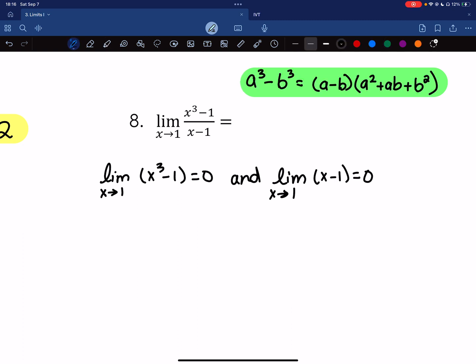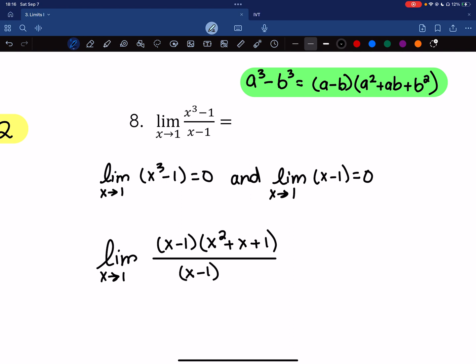And so that's how I'm going to factor this. So we have the limit as x approaches 1 of x minus 1 times x squared plus x plus 1 all over x minus 1. I see that these cancel out.